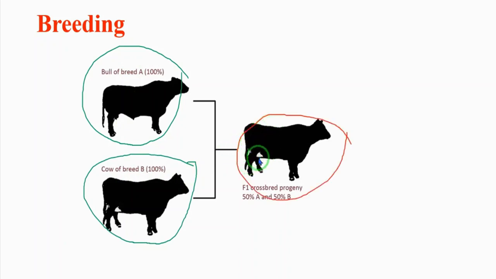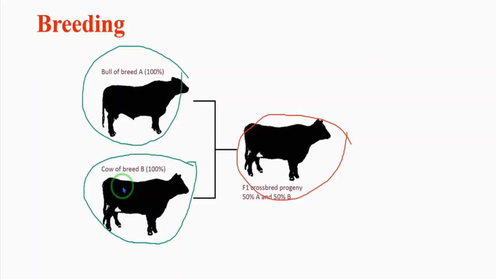The F1 progeny possesses 50% of the A character and 50% of the B character. Okay.